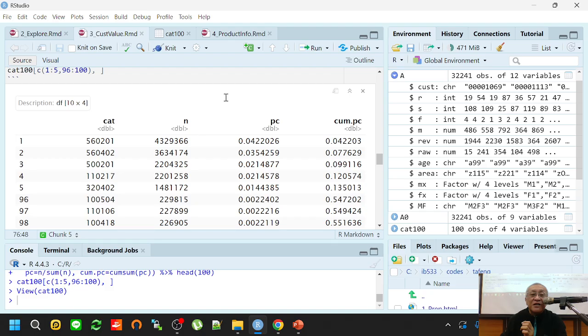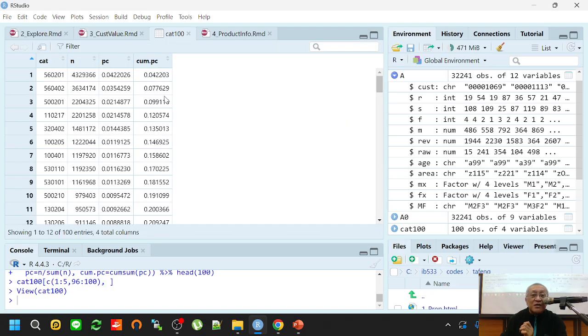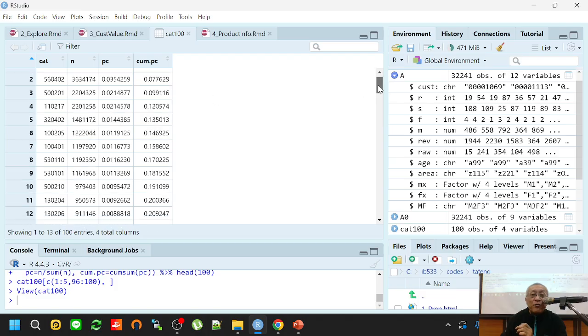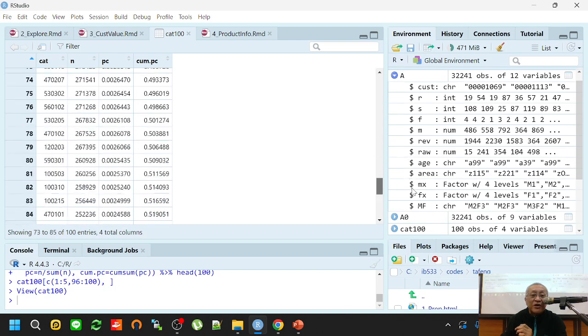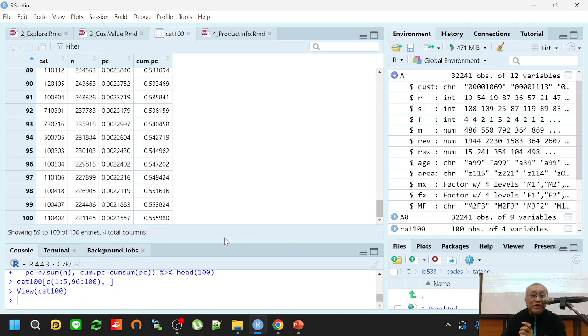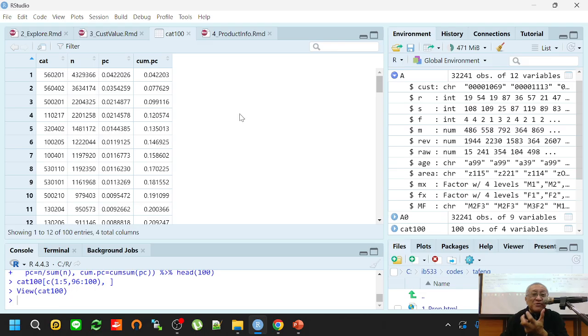As you can see that in this data frame, this top 100 product category is generated about 55% of our total revenue. Okay. As I told you repeatedly, right?